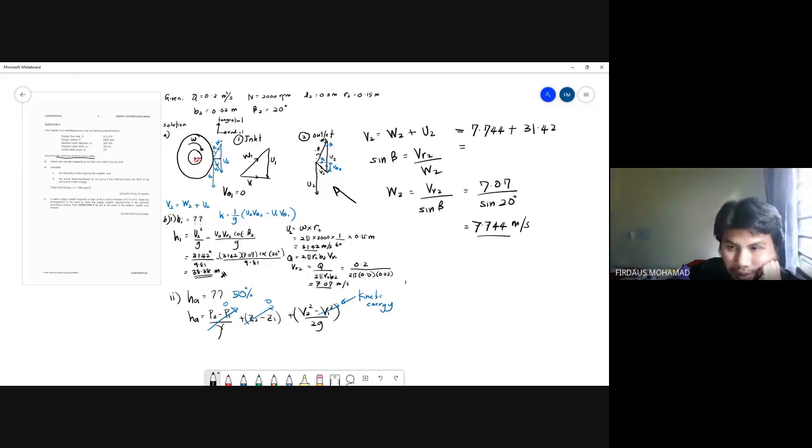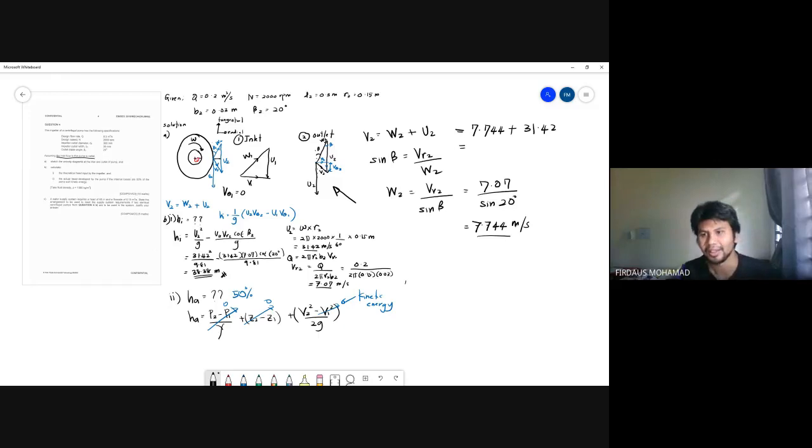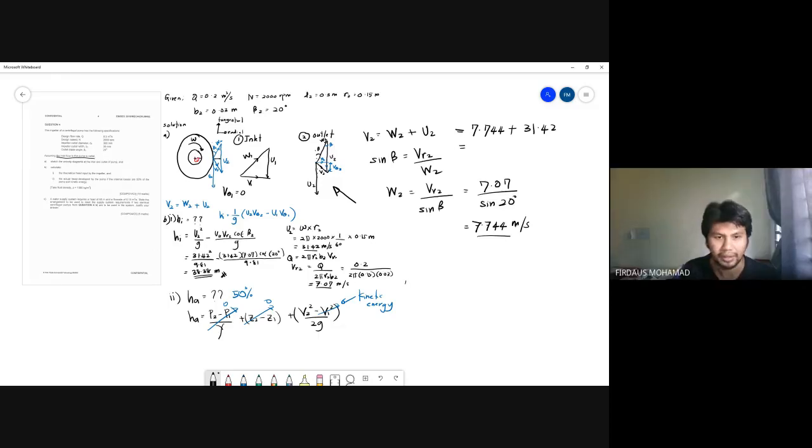Sin 20 degree, dapat 20.67 untuk W2. Oh, tadi saya guna radian. Silap. Yang ni betul kan? Ni tak guna radian kan? Okay.